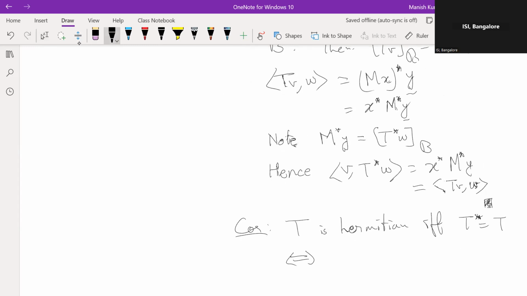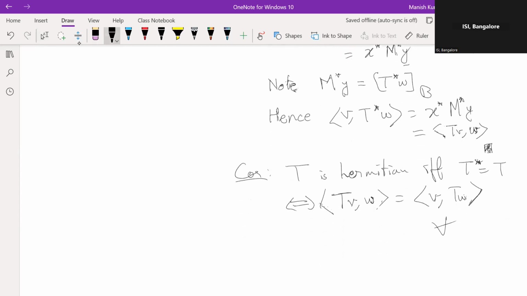So these three conditions are equivalent: T star is T, T is Hermitian, and TVW is V TW for all V, W. Because our adjoint operator is unique, you don't have to put T star there, because if T is Hermitian, T star is the same as T.